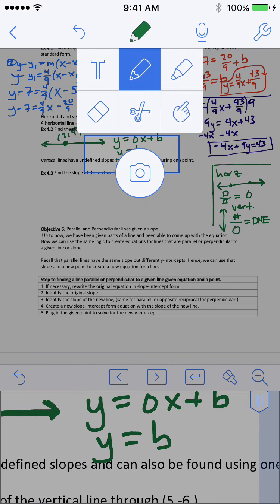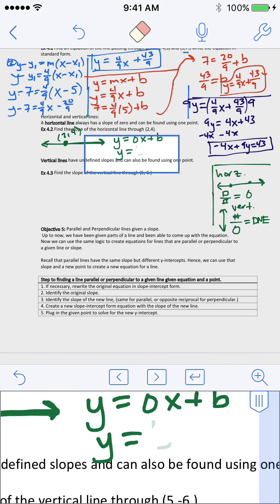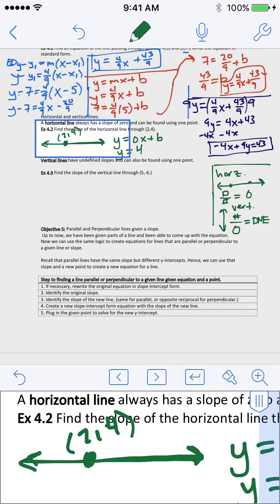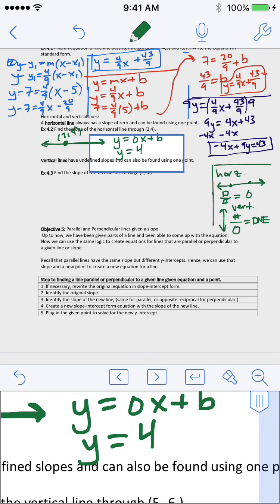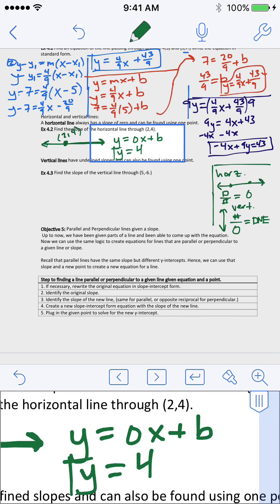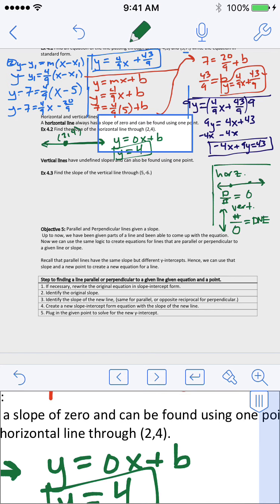That's right, it needs to be 4. If the y wasn't 4, then it wouldn't go through (2, 4), right? The y value has to match. So to find the equation of a horizontal line that goes through a point, you just look at the y value.